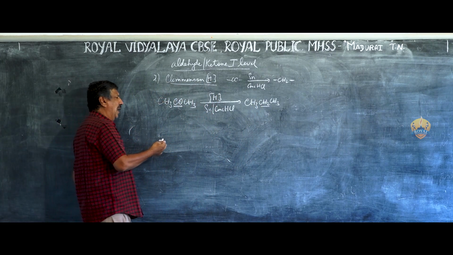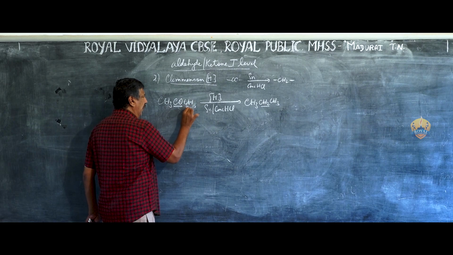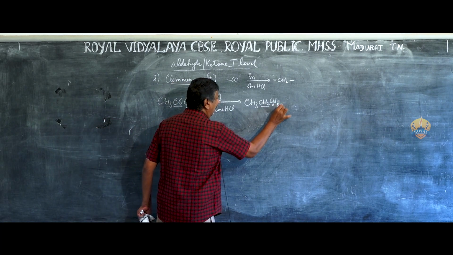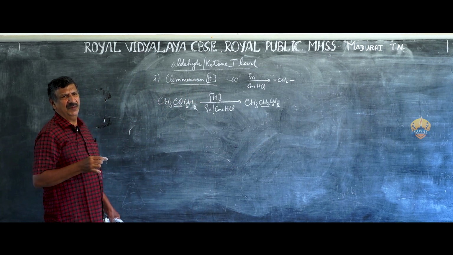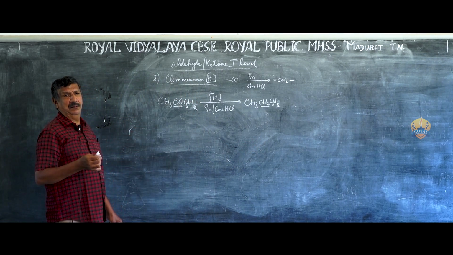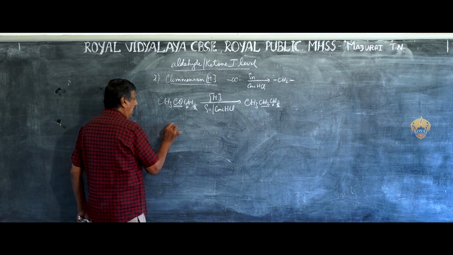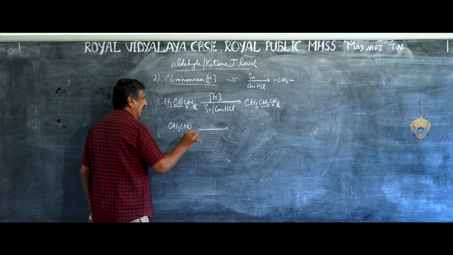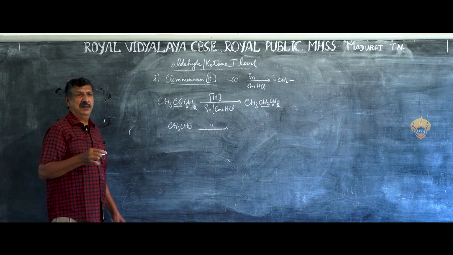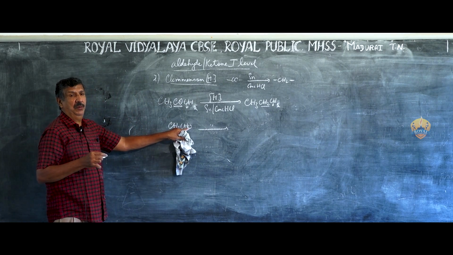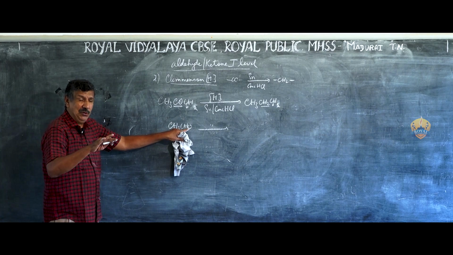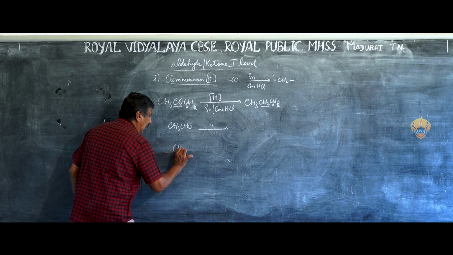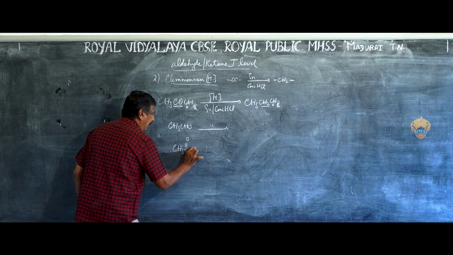If somebody asks you for acetophenone, you just go for the reaction like this. Ethylbenzene. If somebody asks for acetaldehyde, for this reaction, you may say, sir, here we don't have CO. No, no. Here also we are having the CO, provided you write the structure like this.